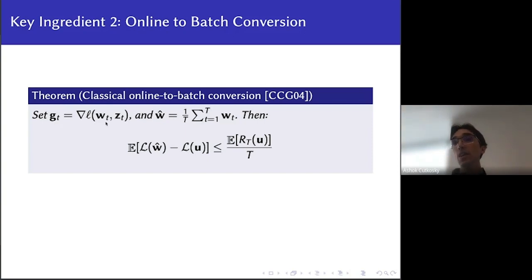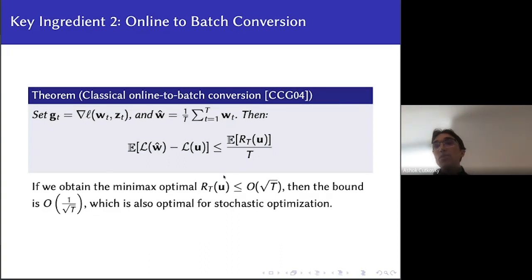Given the iterate W_t of the online learner, I will set g_t to be the gradient of the loss using the t-th example in my data set. That defines an environment for an online learner. So then I can run the online learner and get all of my iterates, and I'll compute the average of them, W hat. And then there's this theorem that says that the suboptimality or the excess risk of W hat with respect to any point U can be bounded as the expected value of the regret divided by T.